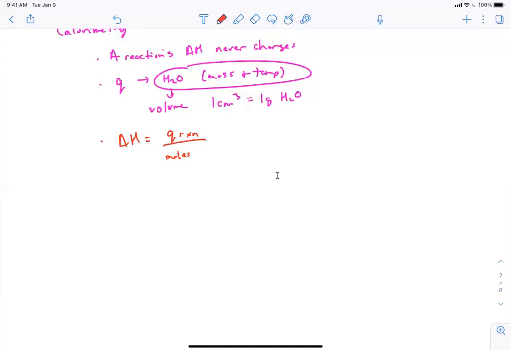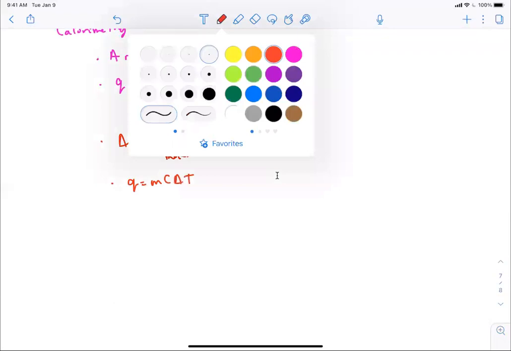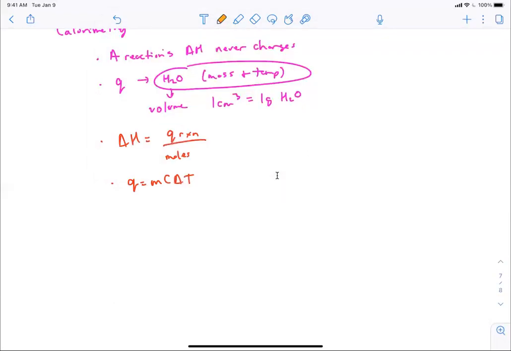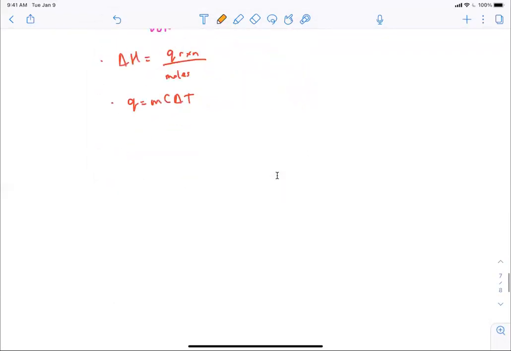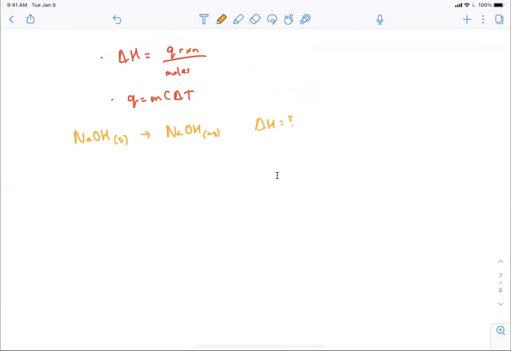Understanding those concepts, and understanding Q is equal to MC delta T, will hopefully give you a better understanding when they pose certain questions to you. For example, the most common example is putting NaOH solid into water, forming NaOH aqueous, and trying to figure out the delta H of that reaction.